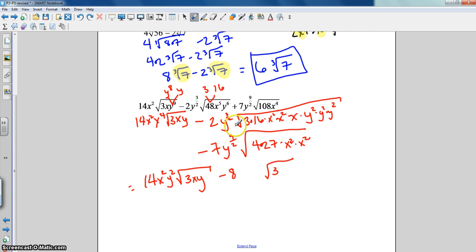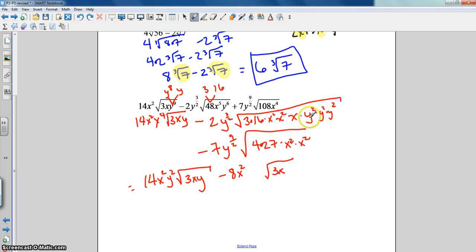when I simplify this term. Looking at the x's, I have x squared, so I can pull out 1x. I have another x squared, so I can pull out another x, so I pull out an x squared. Okay, and then this remaining x I just leave.